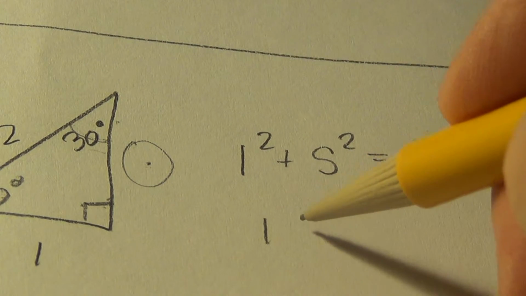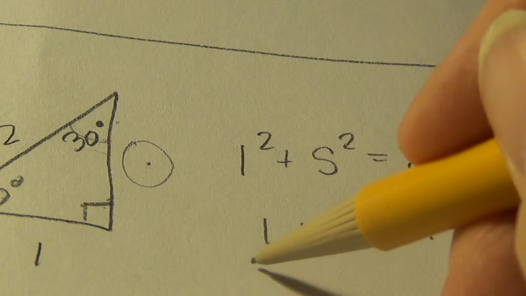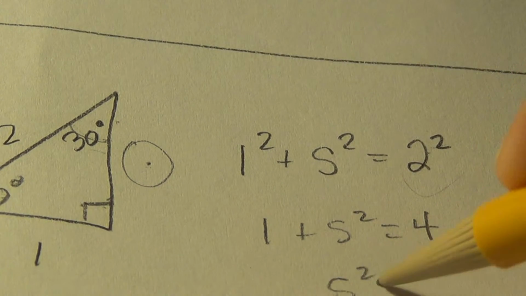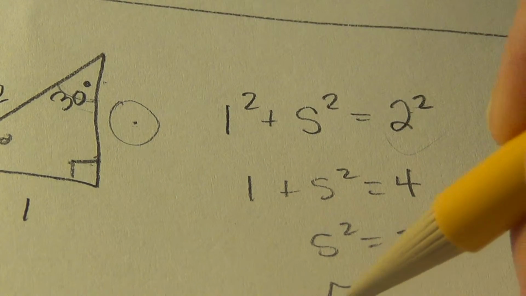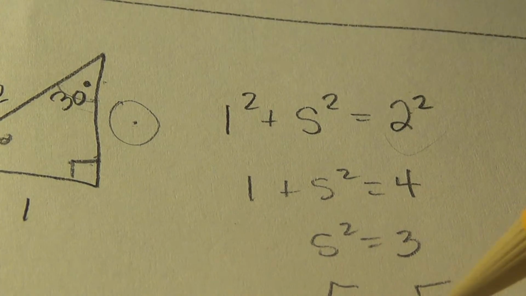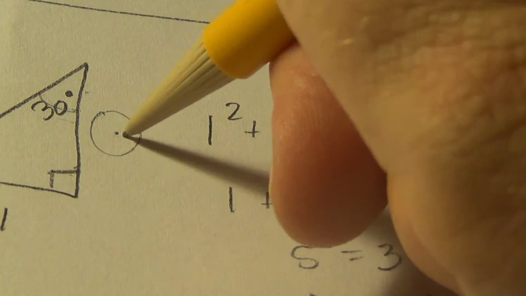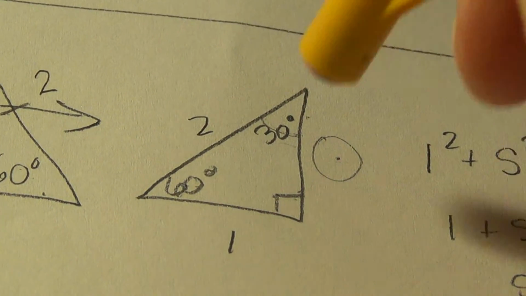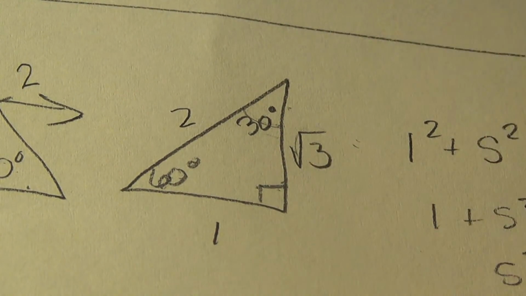So we have 1 plus side squared equals 4. Subtract 1 from both sides. Side squared equals 3. Take the square root, and we get s equals the square root of 3. So this unknown side is now known to be the square root of 3 from the Pythagorean theorem.